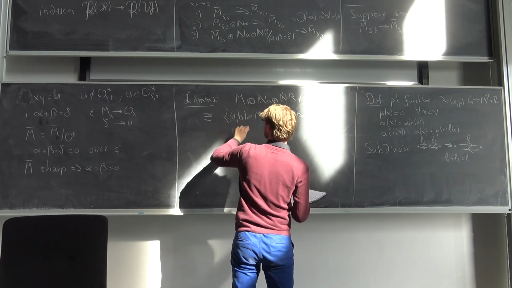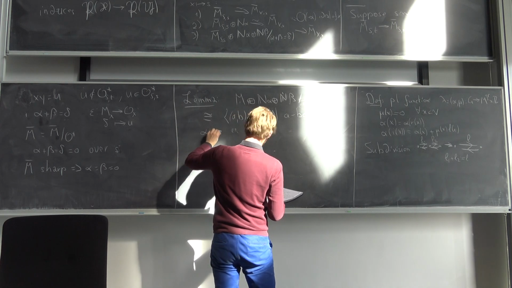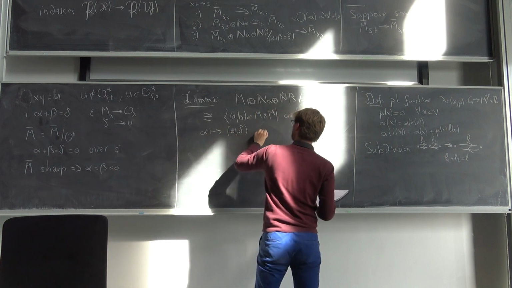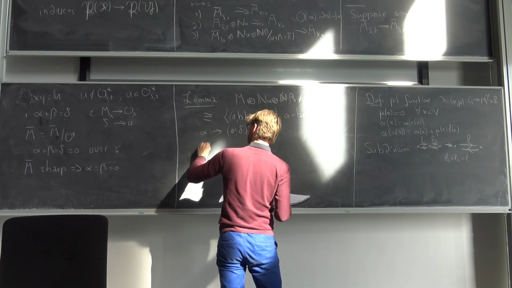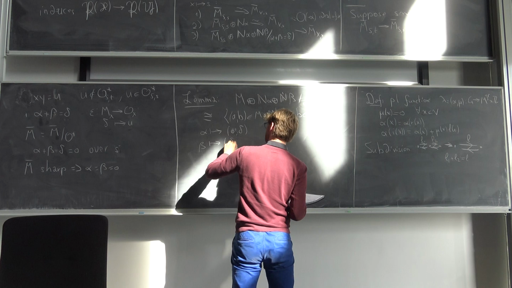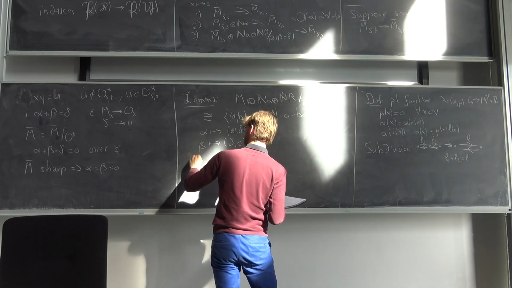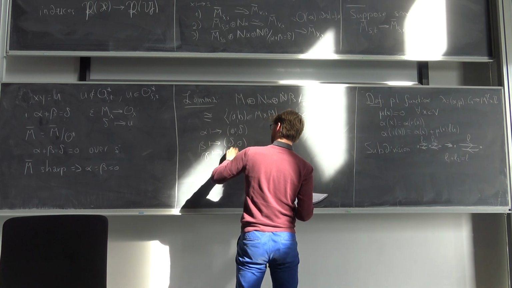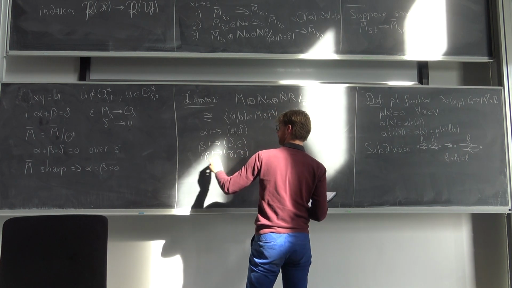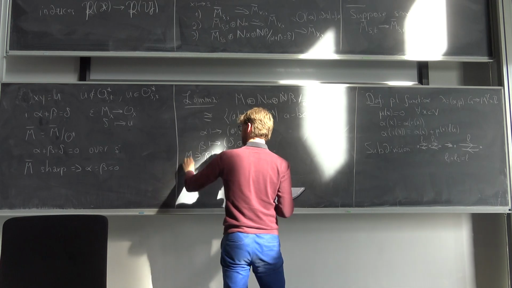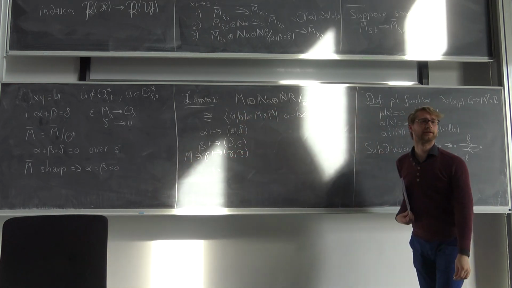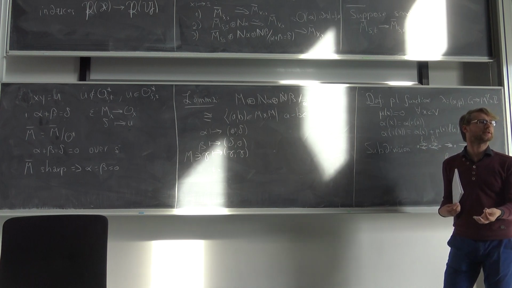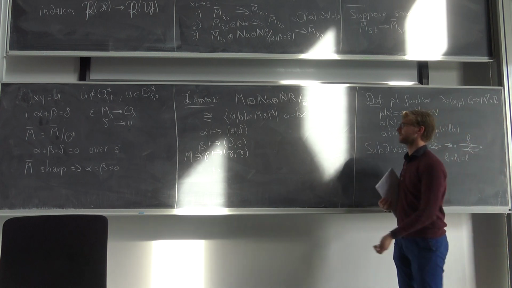Going from here to here, alpha goes to 0 delta. Beta goes to delta 0. And for anything in M, it just goes to gamma gamma. You can write an explicit inverse to this, and this works.